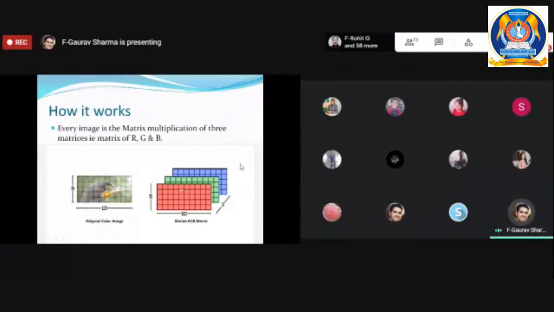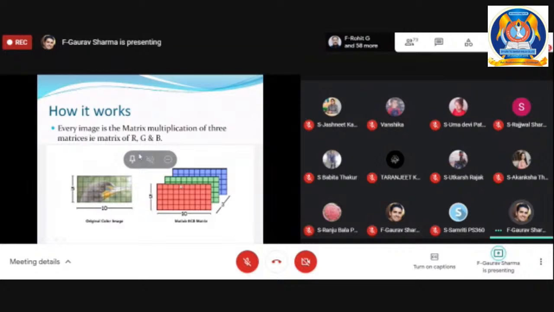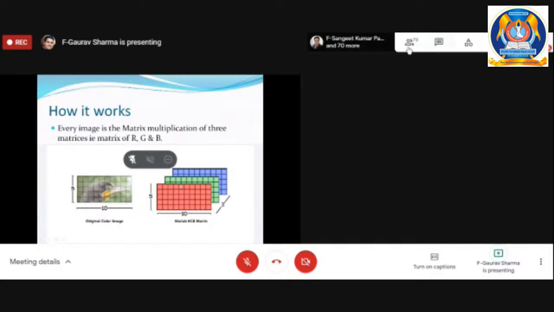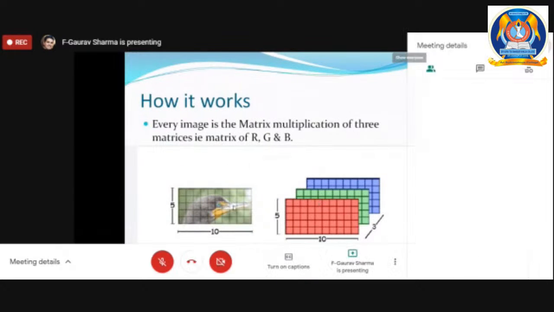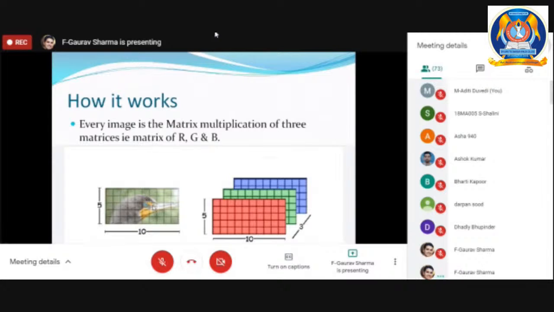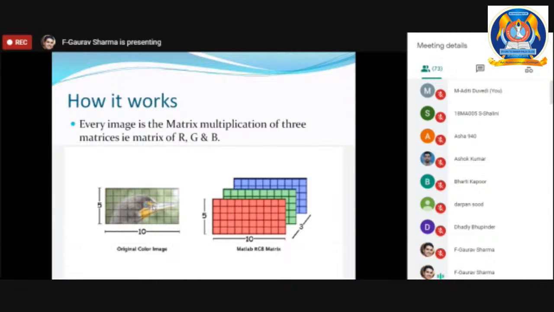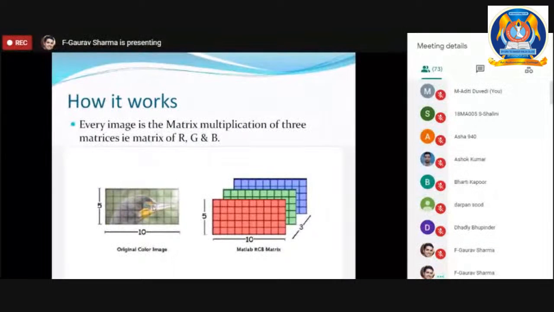Then red, green, blue. The multiplication of these three matrices will give me a resulting picture. Now, can you understand? If you understand, then please write yes. Otherwise, I will repeat. It is very important to understand.